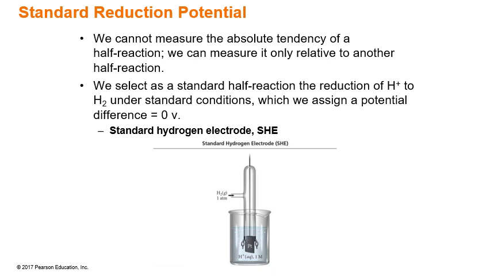So we can set up a standard hydrogen electrode, which is abbreviated SHE. It uses a platinum electrode, inside of which there is hydrogen gas at 1 atmosphere that is bubbled through an acidic 1 molar solution. And so this is our standard half reaction against which all other potentials are measured.